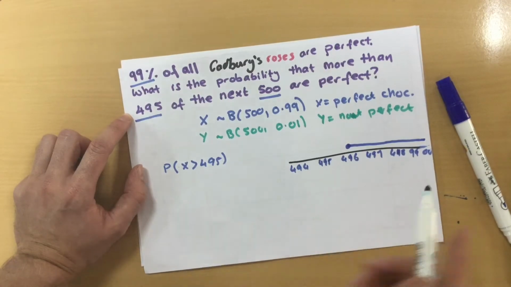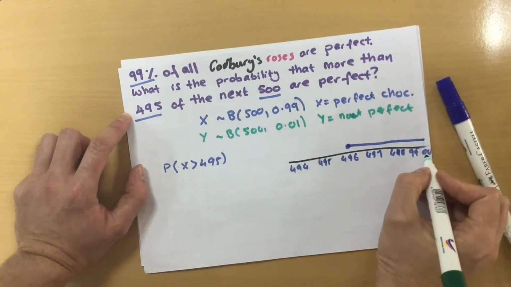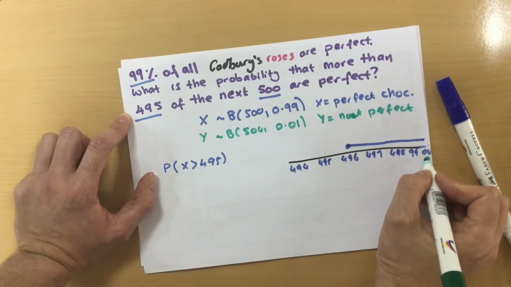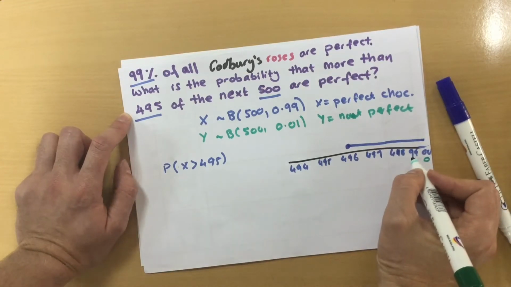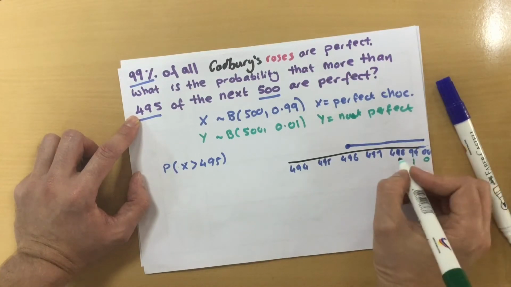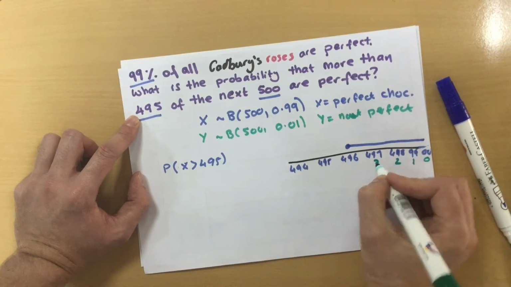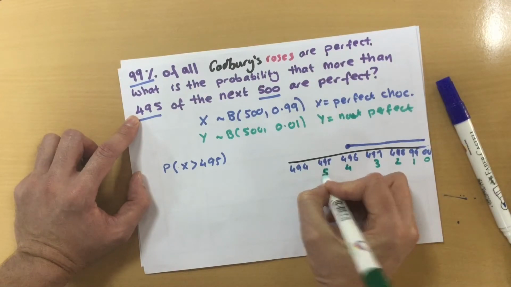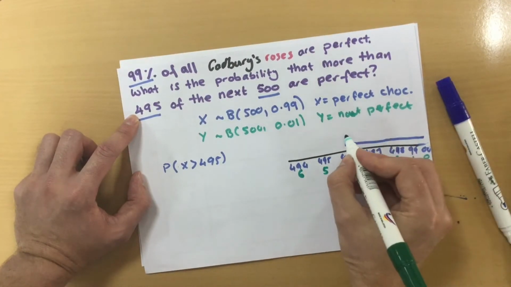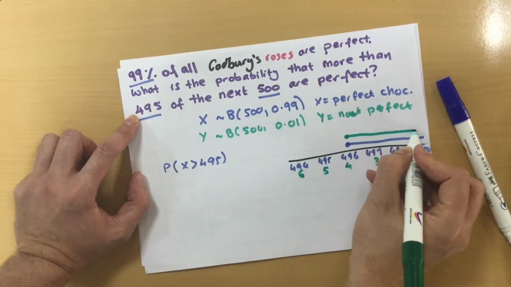Make it a double number line. If there are 500 perfect chocolates, then there are 0 that are not perfect. If there are 499 perfect chocolates, there is 1 that is not perfect, and so on, working backwards. So I'm writing a reverse number line, starting at 0. I'm looking at this same area.